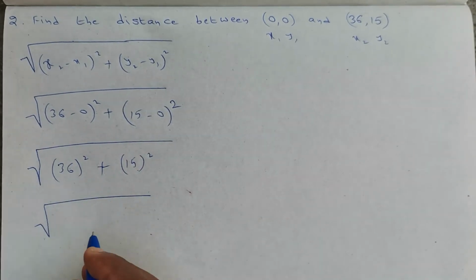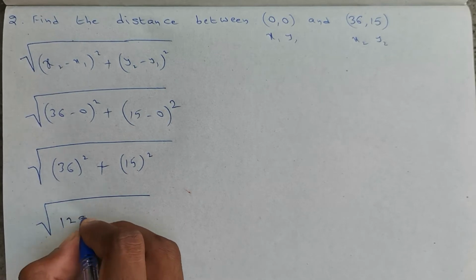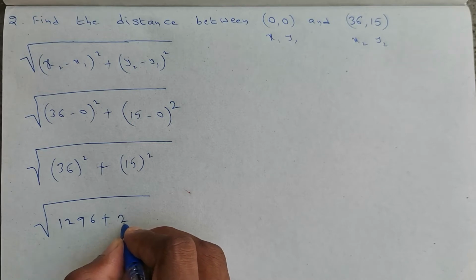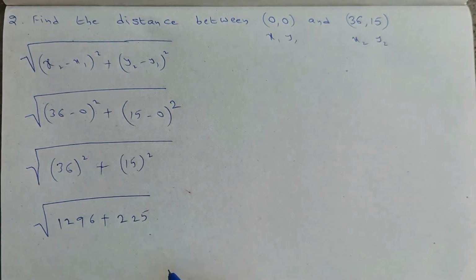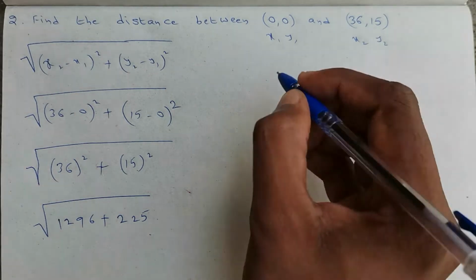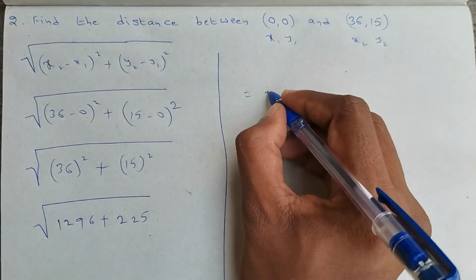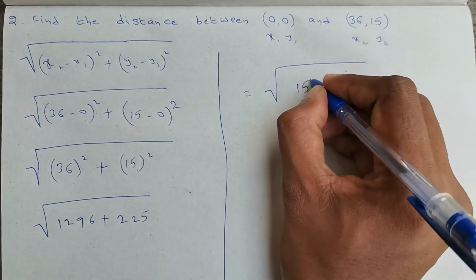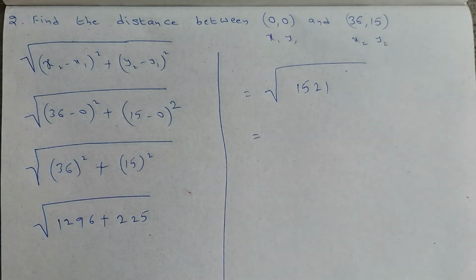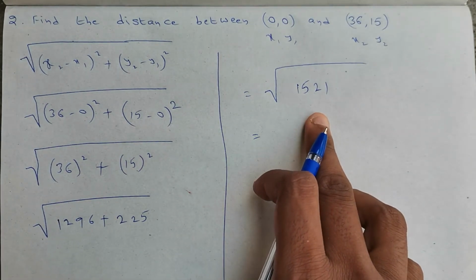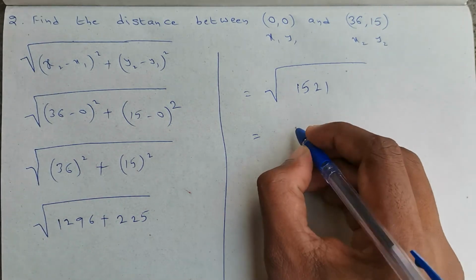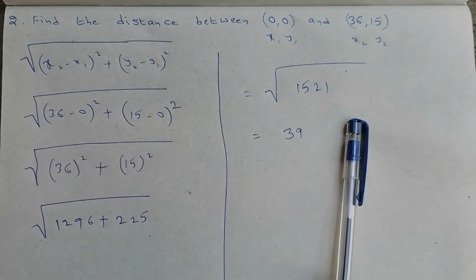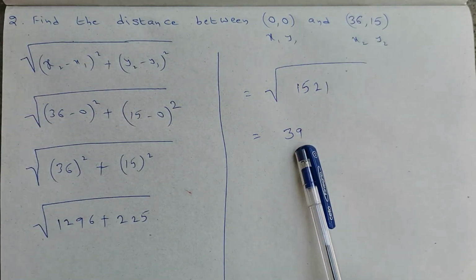So under root, 36 square is 1296 plus 15 square is 225, which is equal to under root 1296 plus 225, 1521. So under root 1521 can be simplified as 39, because 39 into 39 is 1521. So the distance between these 2 points is 39.